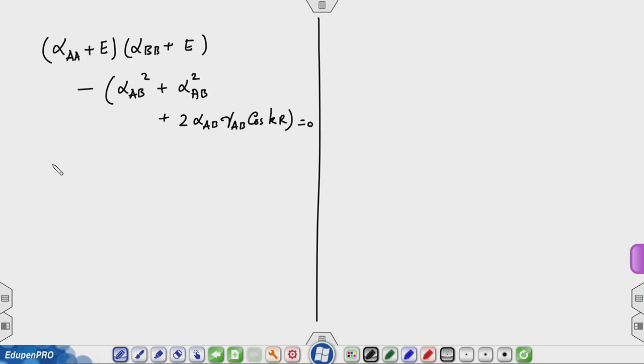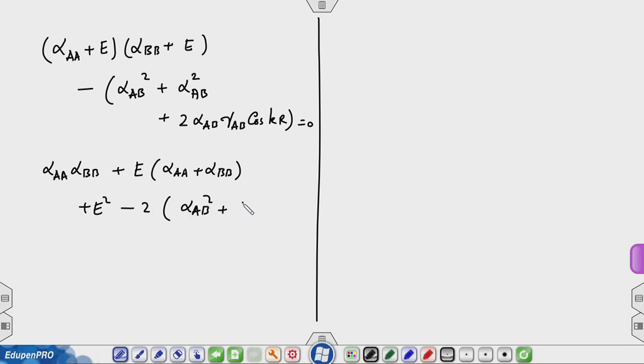So, this is nothing but alpha A A alpha B B plus E (alpha A A plus alpha B B) plus E square minus the alpha A B terms, is equal to 0.